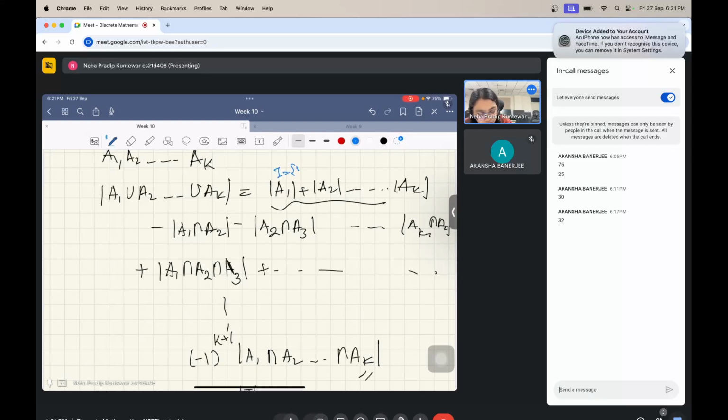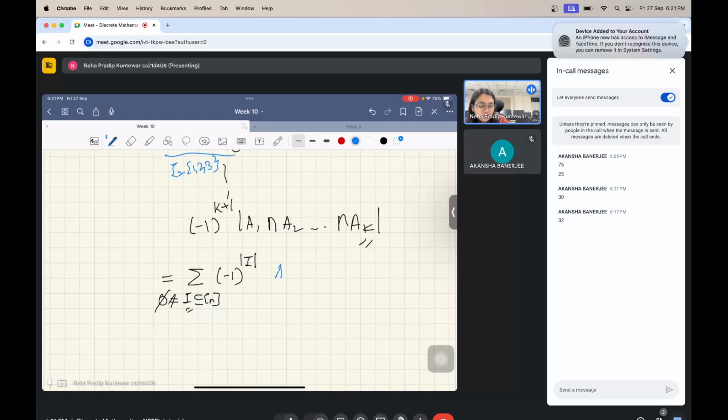Here I is the set {1, 2}, so you're just collecting the indices. Here I is {1, 2, 3}. A_I basically denotes the intersection of A_i for all i in I, and you're just interested in this count.